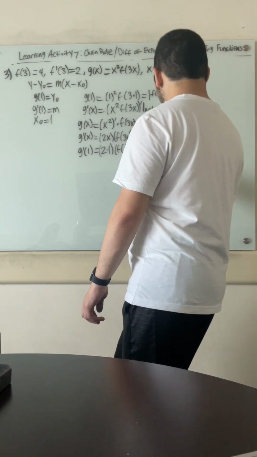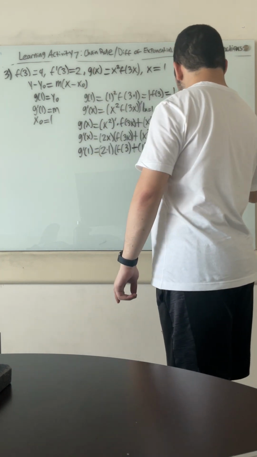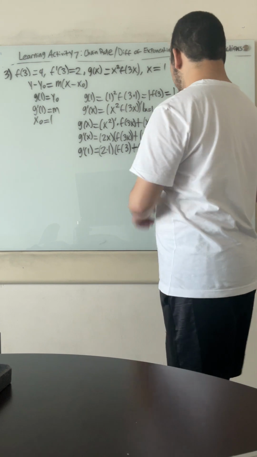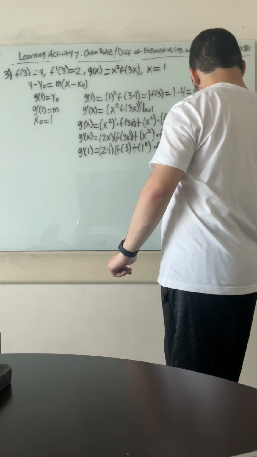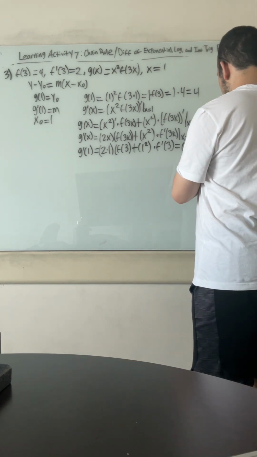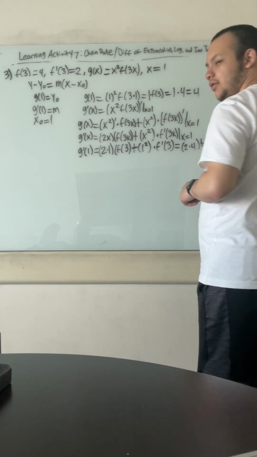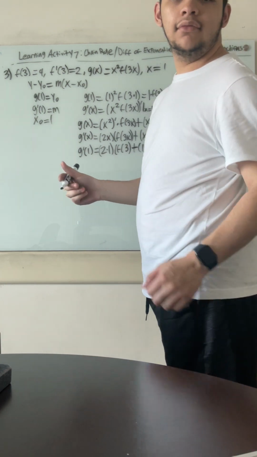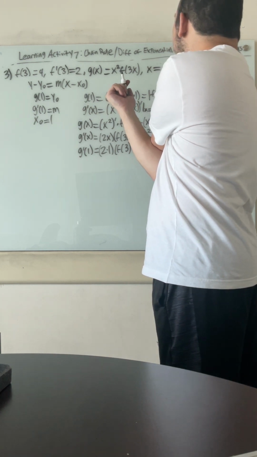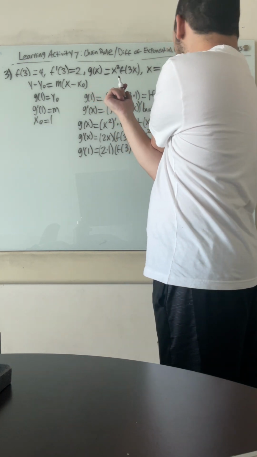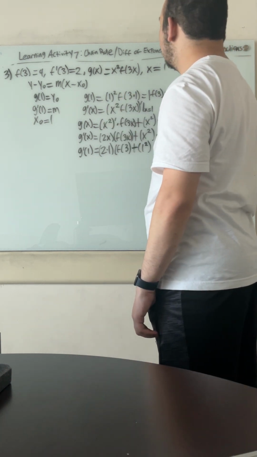All right, so this is 2, f of 3 is 4, so we have 2 times 4 plus 1 times f prime of 3, which is 2. So this is going to be 8 plus 2, which is equal to 10. I'm just checking to make sure I did everything right. F prime of 3 is 2.